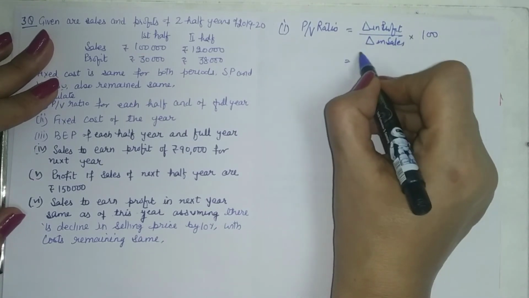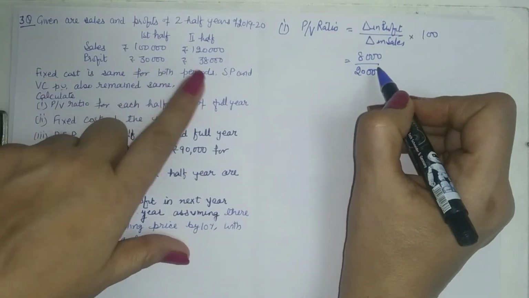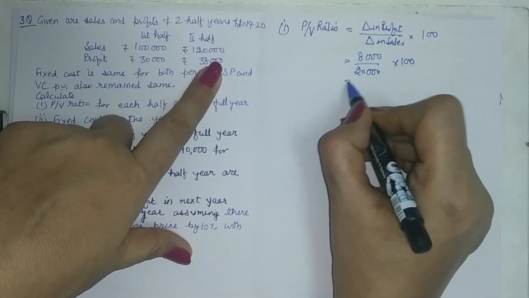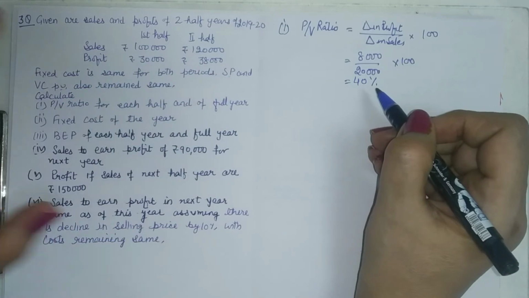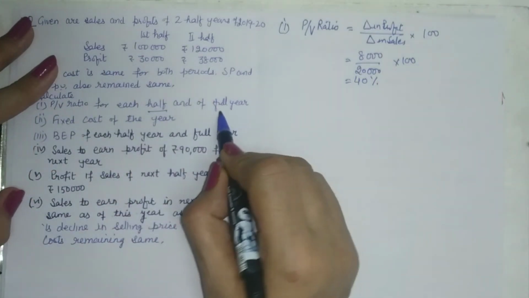So we can take change in profit to change in sales as the PV ratio, right? Change in profit is 8,000 and change in sales is 20,000, from 30 to 38,000 change in profit and change in sales. So that gives you 40% as your PV ratio. Okay, now we have to see whether it is same for half year and of full year.